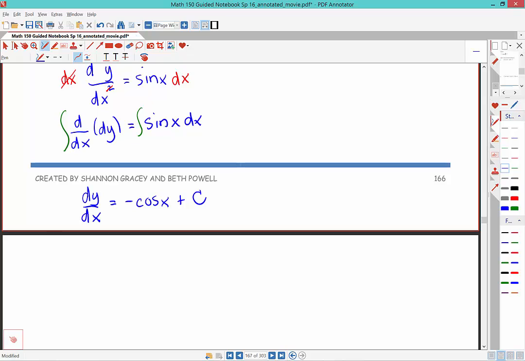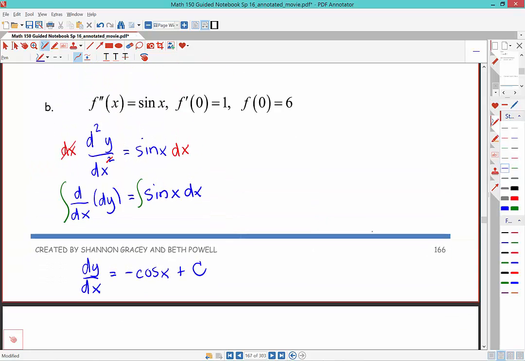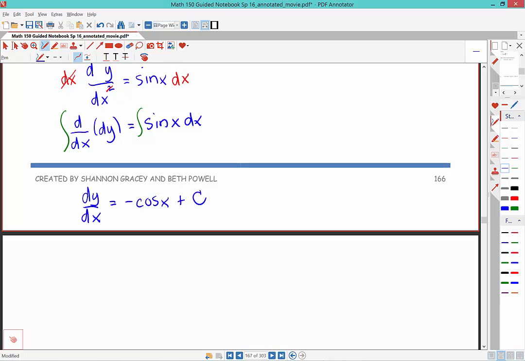And that gave us what f prime is. So here, f prime of x is equal to negative cosine of x plus c.